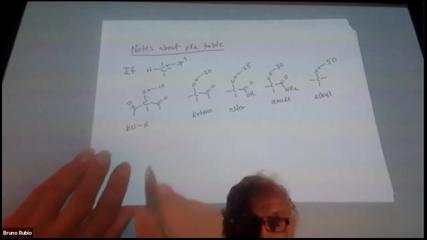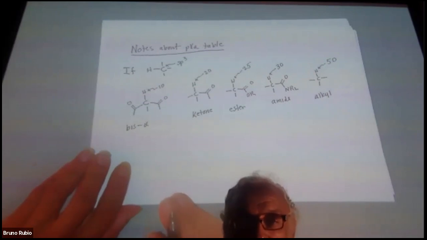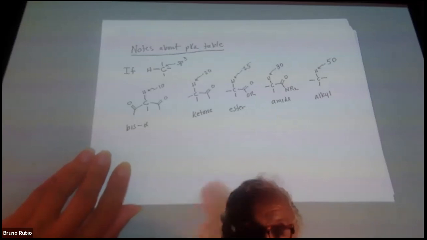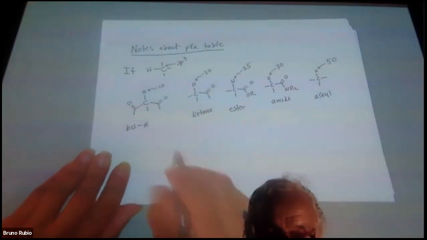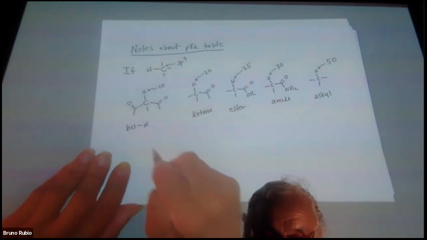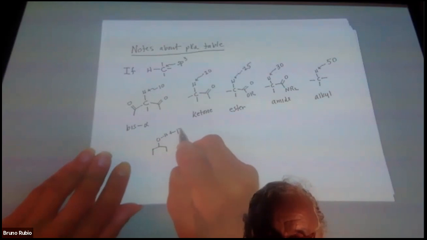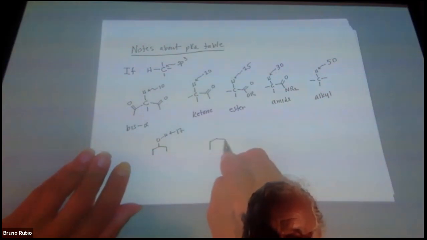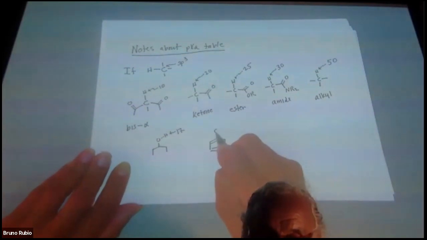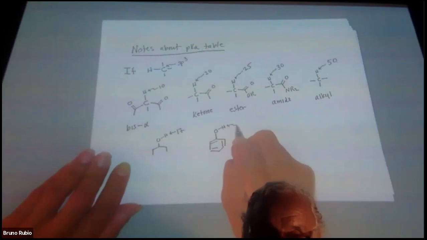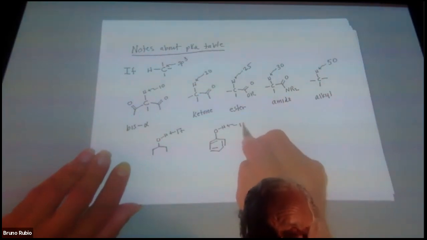Okay, another note about that table will be the proper implementation when we're talking about an alcohol. So something like a proton on a regular alcohol, as we said before, the pKa of this proton is about 17, but when the OH group is bonded to an arene, that's a phenol, its pKa is now about 10.